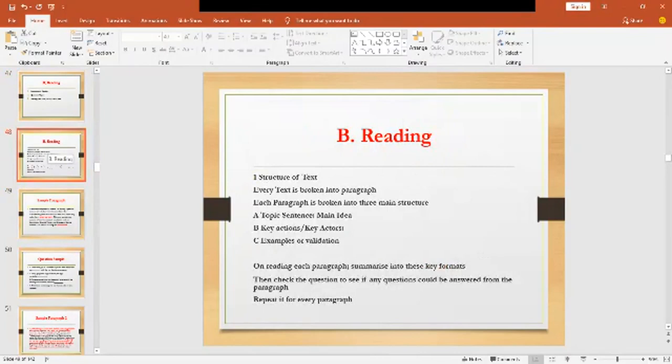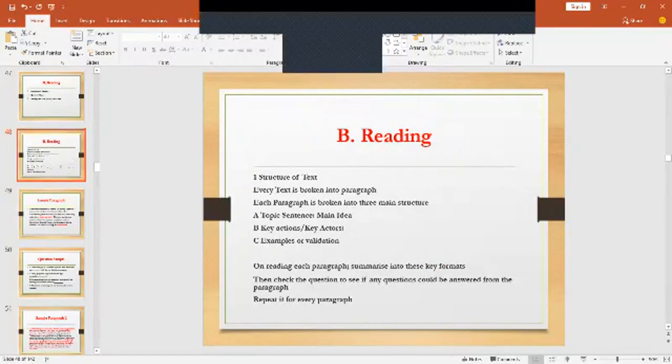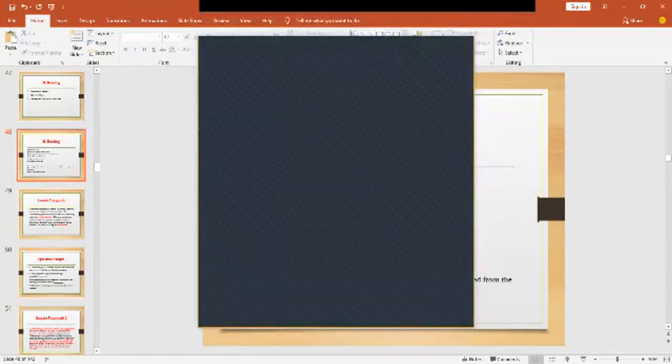So this is the first part, which I have said is the structure of the reading, and particularly I want you to be able to read effectively, because it is one of the main challenges of IELTS reading. A lot of people find it cumbersome and challenging, and I've seen that a lot of online lectures or materials you can find are saying that you need to skim to read and things like that.